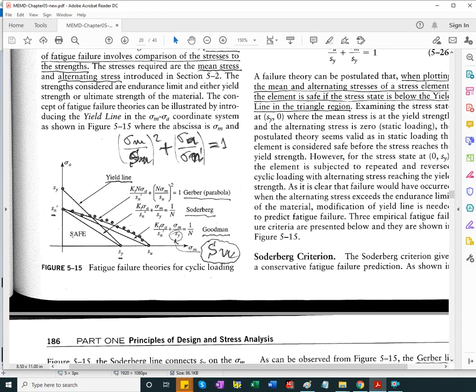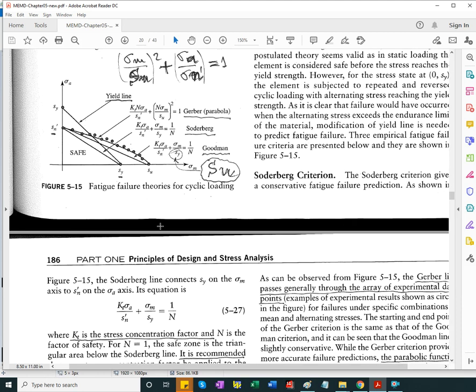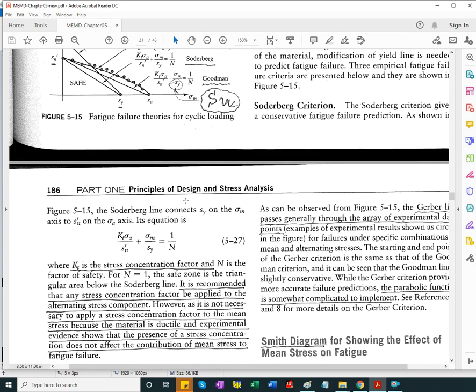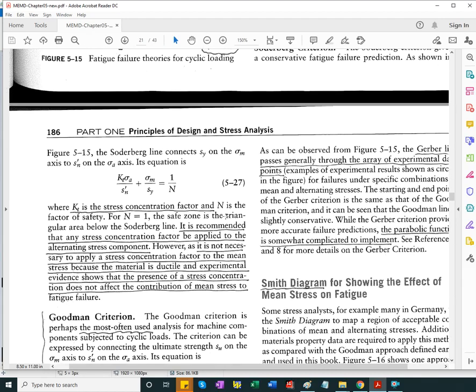So it's an extension of the load line going from no load to the load point, and you extend it until it intersects the boundary of the safe zone, and you take the ratio of the distance from the origin to the failure point divided by the distance from the origin to the load point.